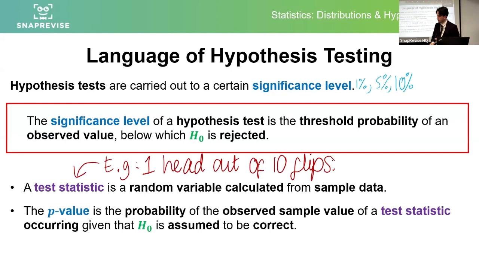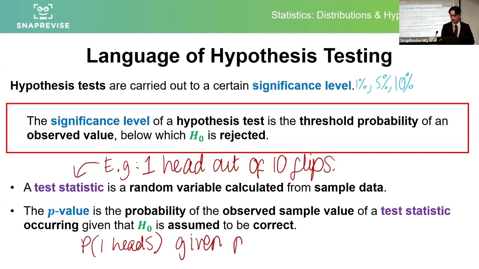And then the p-value, the probability of the observed sample or test statistic, assuming H0 is correct. So basically, this is the probability we actually get. So if we were to work out the probability of 1 head, given that p is 0.5, this is the probability we're actually calculating to perform the test.